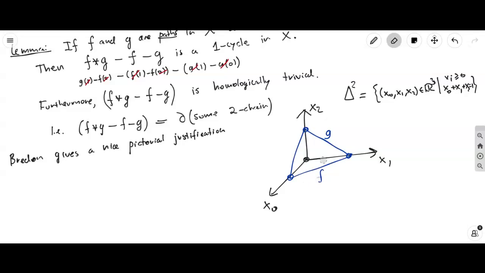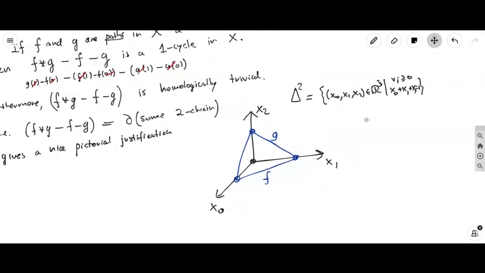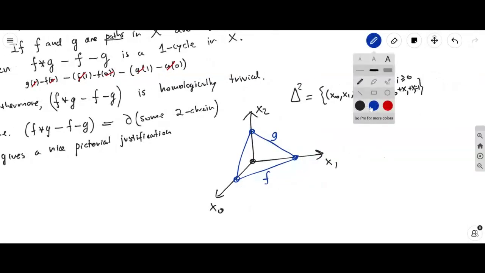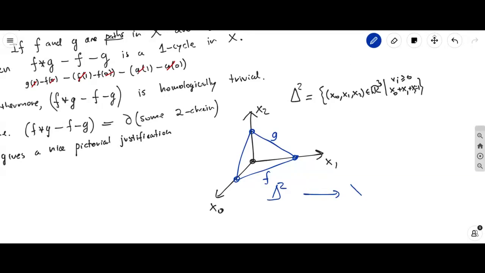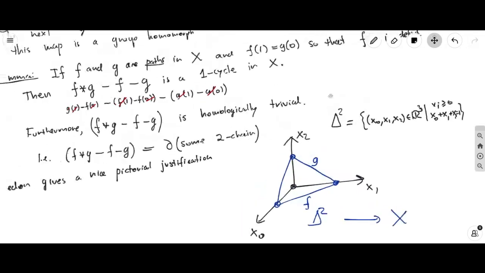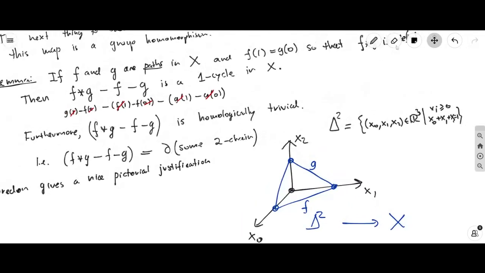Okay, so we're trying to define a mapping. So when you have a 2 chain, you want to define a mapping from the 2 simplex into x. So here's the way the mapping is going to be defined. If you're on the lower edge, that's going to be f. Of course, we're being sloppy, but we understand what we're trying to say. f is a path, so f goes from the interval from 0 to 1.